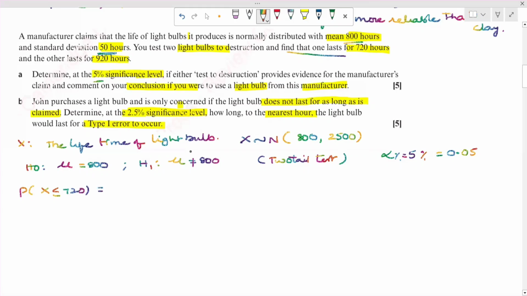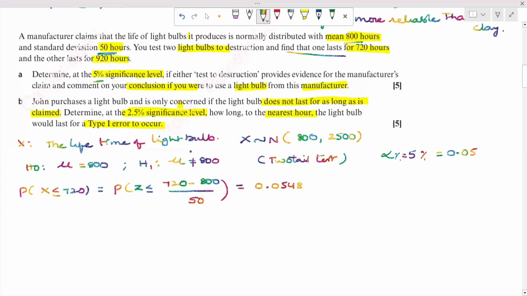So P of Z is less than or equal to (720 minus mu) by sigma. If you simplify this, use your calculator and you will get 0.0548.